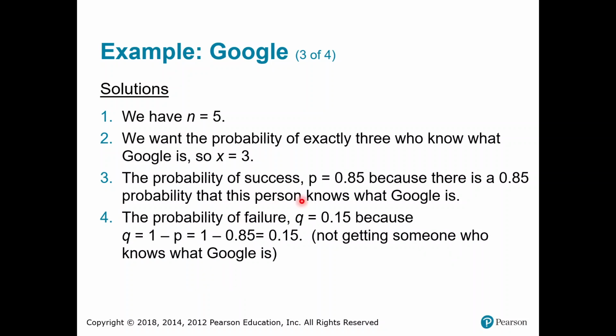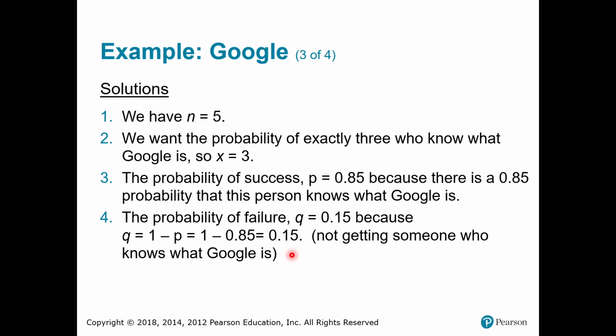And if 0.85 is the probability that a person knows what Google is, then Q must be 0.15 because Q is 1 minus P, and we're told that P is 0.85, and so 1 minus 0.85 is 0.15.